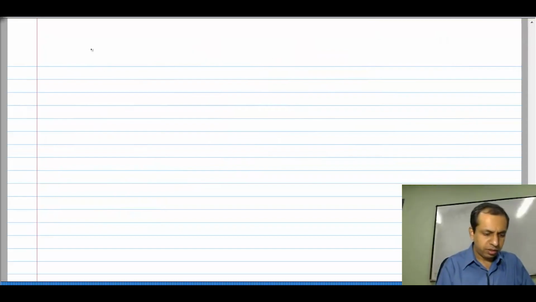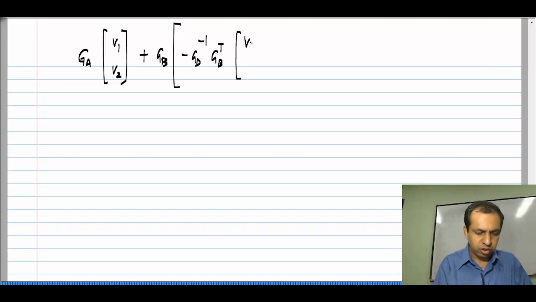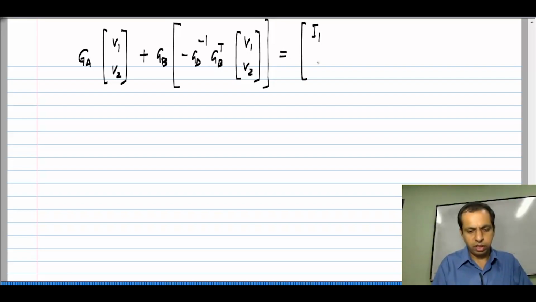So if I do that, I will get G_A times [V1 V2] plus G_B times the extra unknown vector, which we saw was minus G_D inverse G_B transpose times [V1 V2], and the whole thing equals [I1 I2].